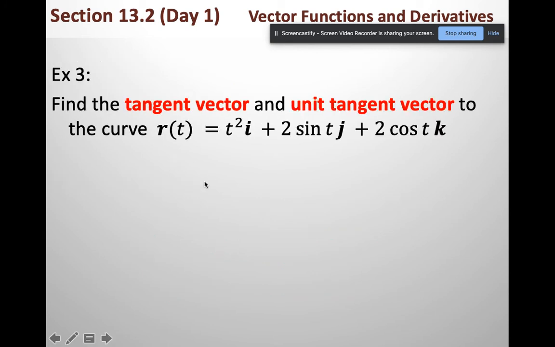Find the tangent vector and the unit tangent vector to this curve. So if you want to pause the video for a minute and see if you get what I get, and then come back and see if we're at the same place.